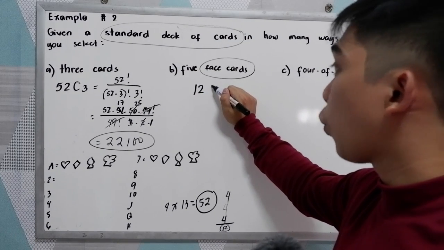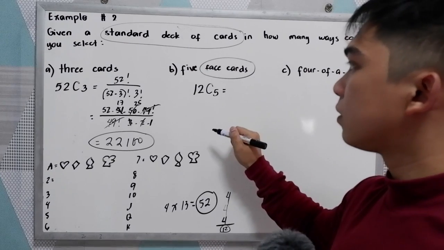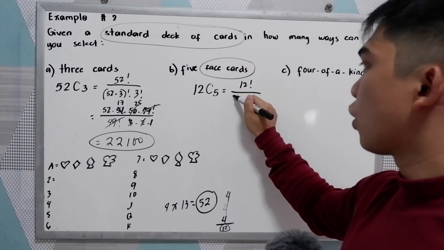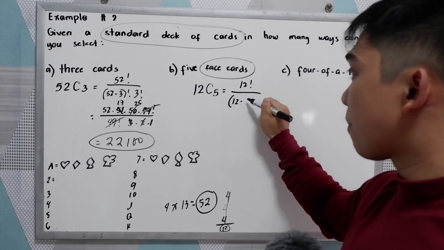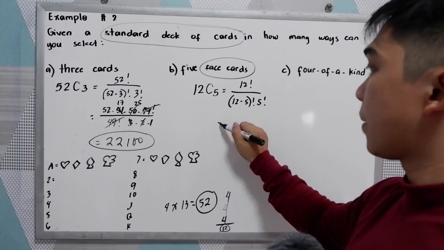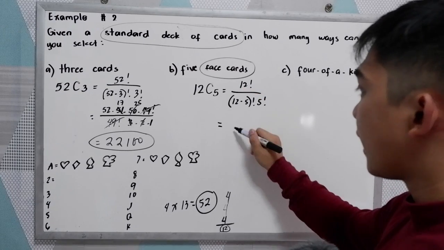So that is 12C5. Now, we have 12 factorial all over quantity 12 minus 5 factorial, then 5 factorial. Okay, so 12 factorial.